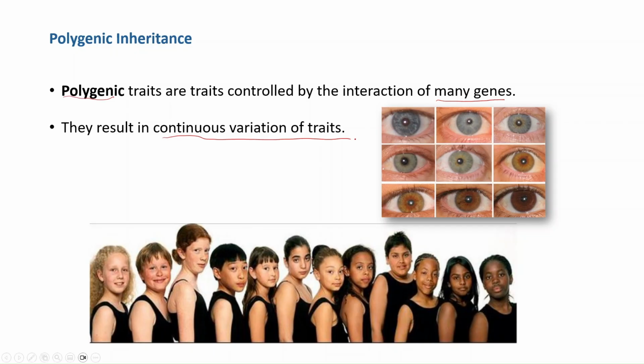You don't have A or B, or not even A, B, or C, but you just have a bunch of them with very little difference between each one. There's a big difference between the beginning and the end, but every transition is just very gradual. That's polygenic inheritance. In the case of the eyes, I haven't checked lately, but the last time I checked, there were 9 genes that were working together just for your eye color.